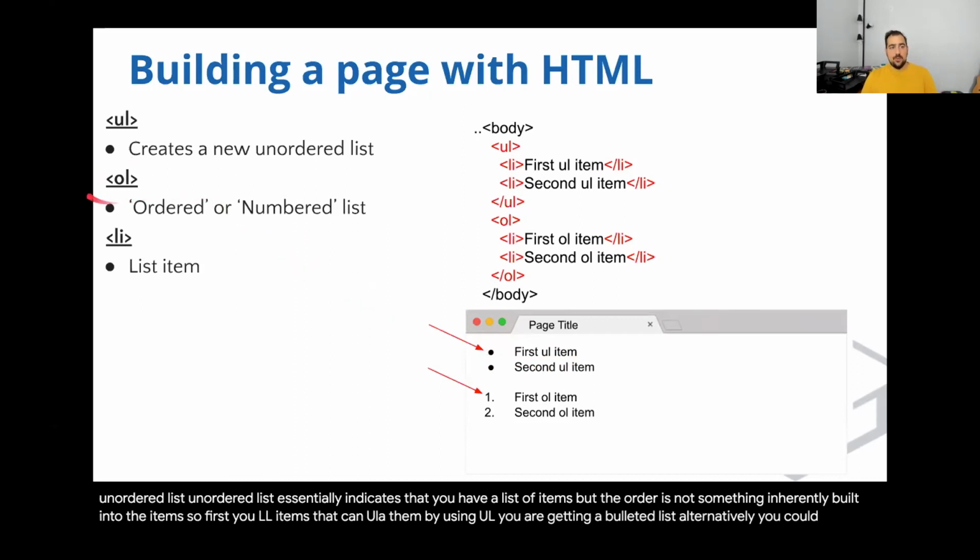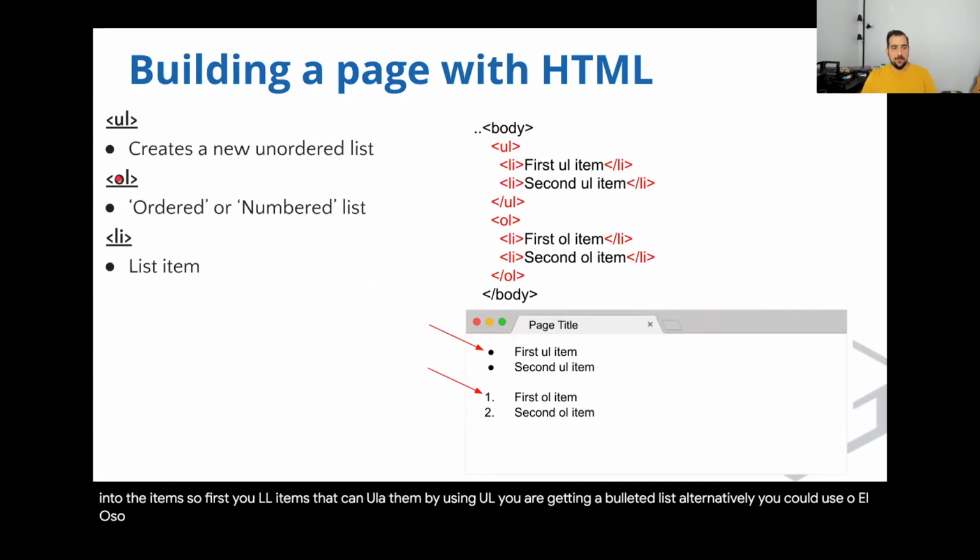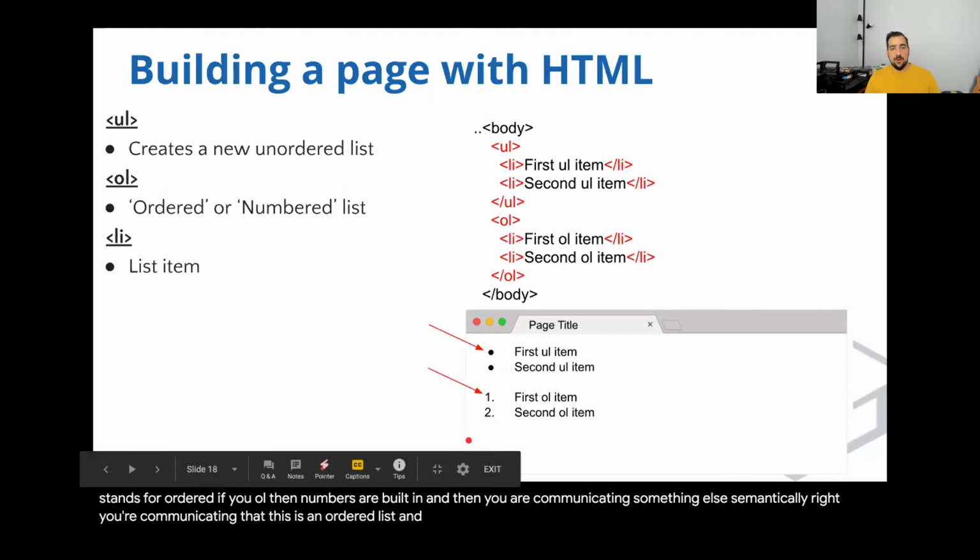Alternatively, you could use OL. O stands for ordered. If you use OL, then numbers are built in, and then you are communicating something else semantically, right? You're communicating that this is an ordered list and the order of the items matters.